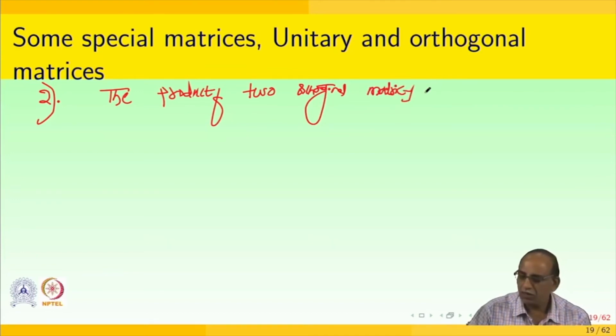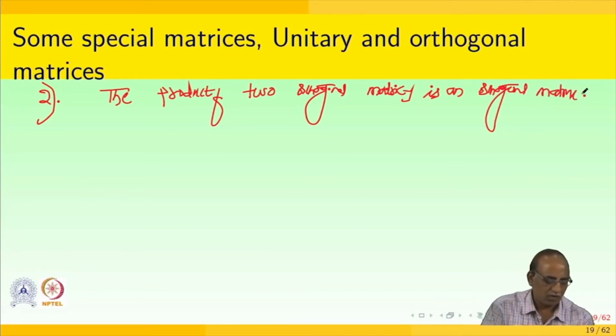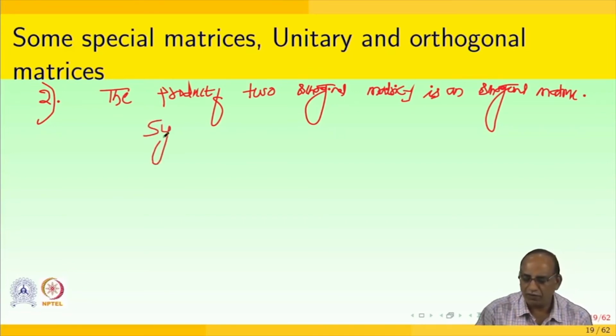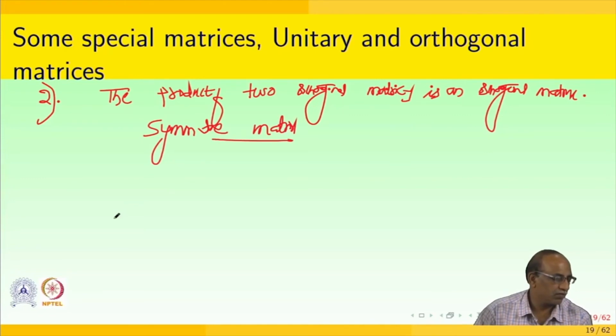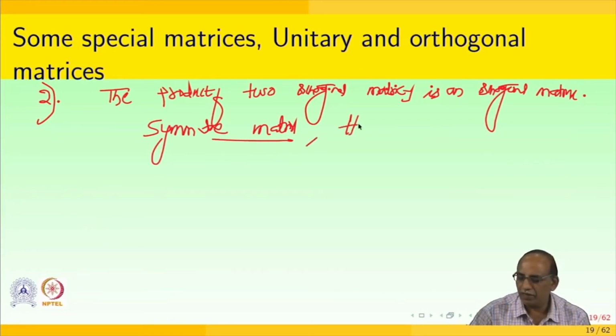Matrices is an orthogonal matrix. Then you will have a symmetric matrix, as you know very well. Then you will have a Hermitian matrix.